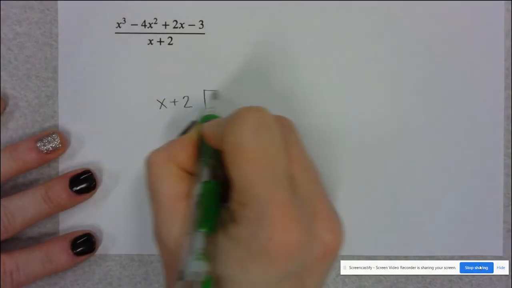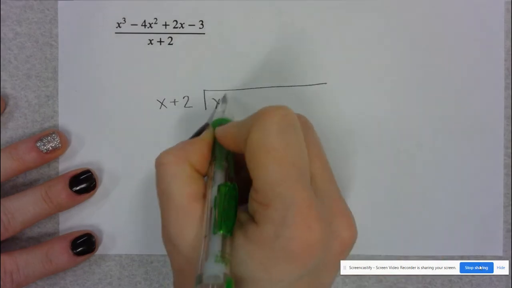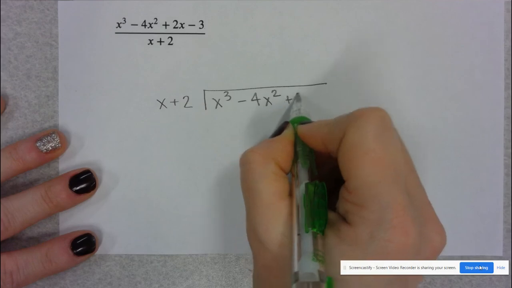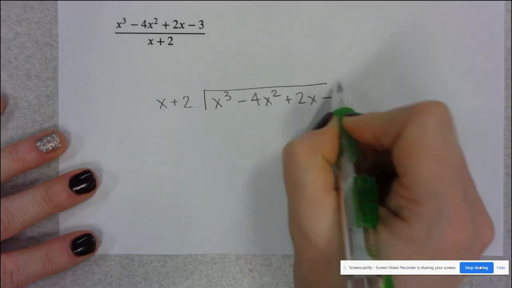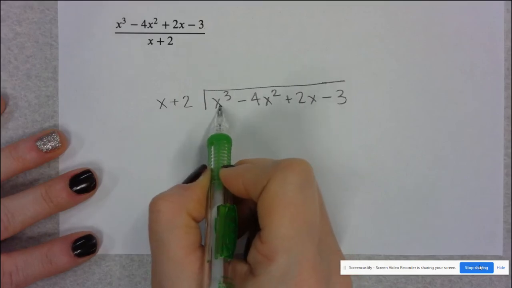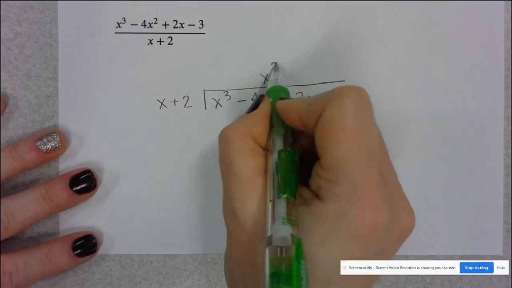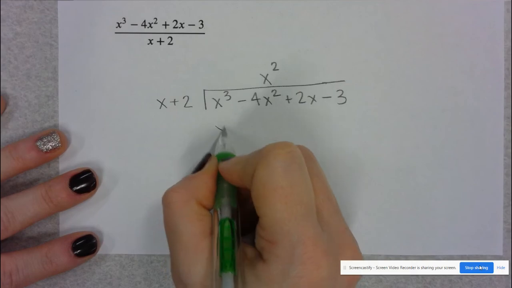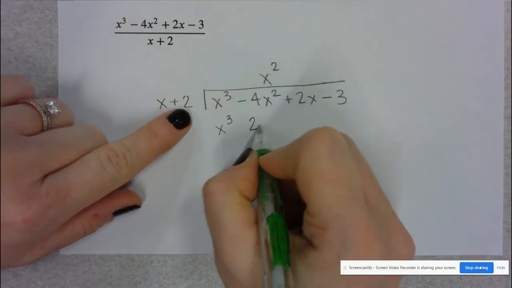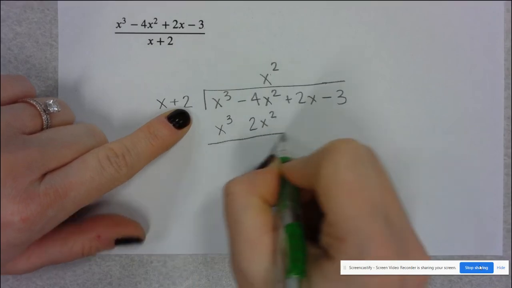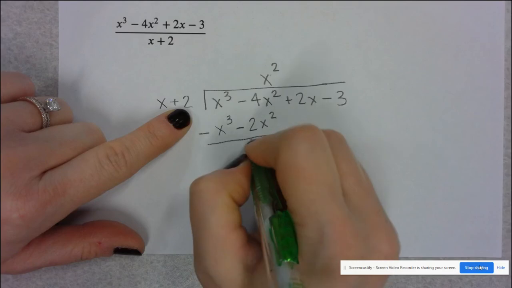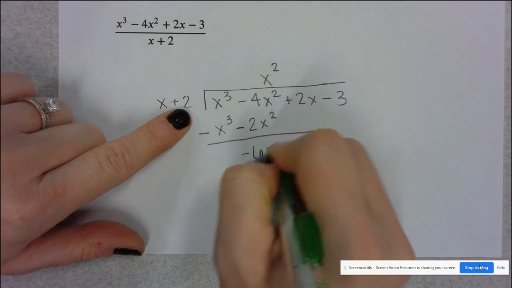So I'm going to have x plus 2, x cubed minus 4x squared plus 2x minus 3. So here, to get to x cubed, I need to multiply by x squared. It's going to give me x cubed. X squared times 2 gives me 2x squared. Subtracting gives me negative 6x squared.